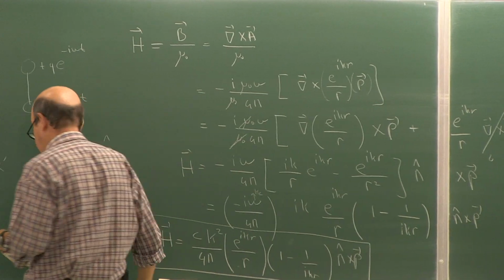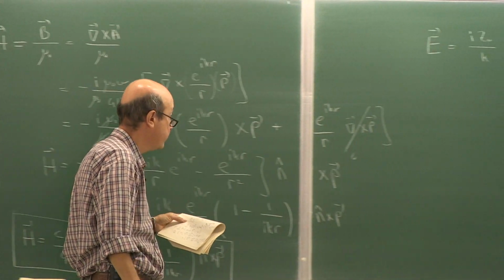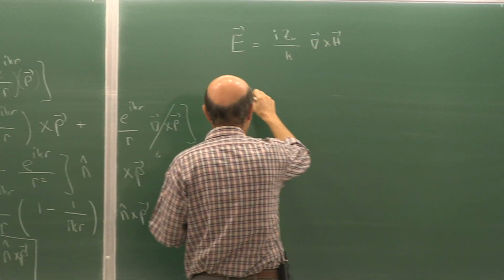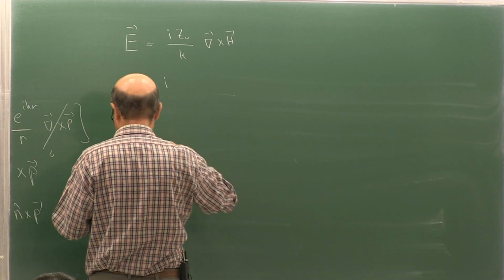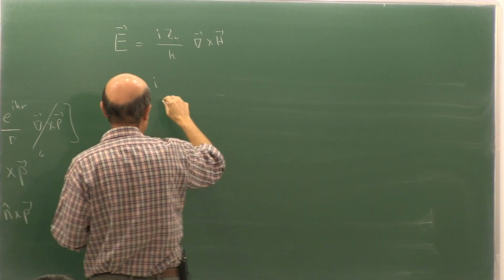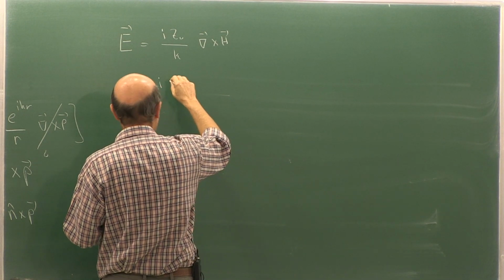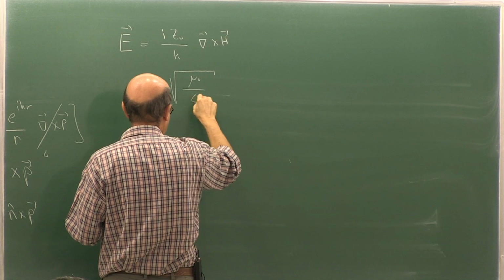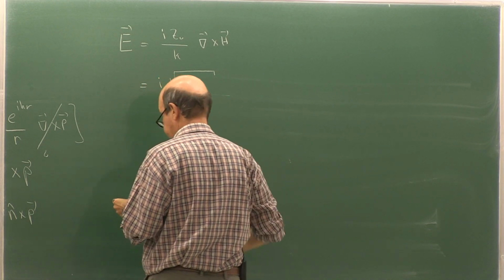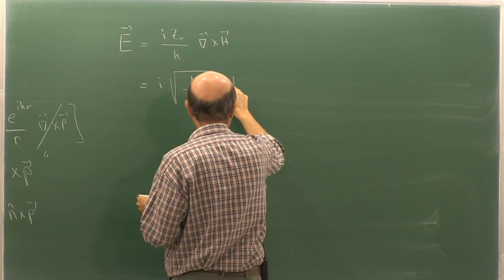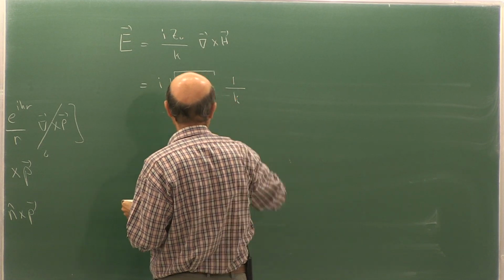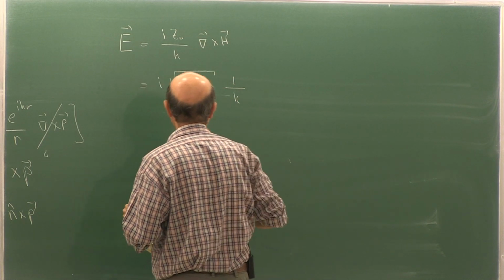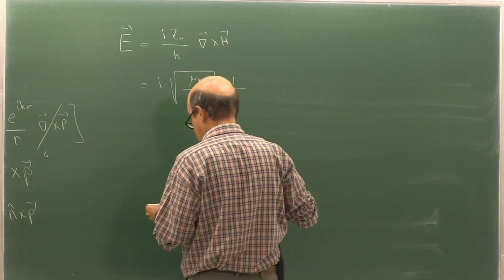So let us try to calculate the electric field. I times Z0, the impedance of free space, that is square root of mu 0 over epsilon 0, times 1 over k is here.